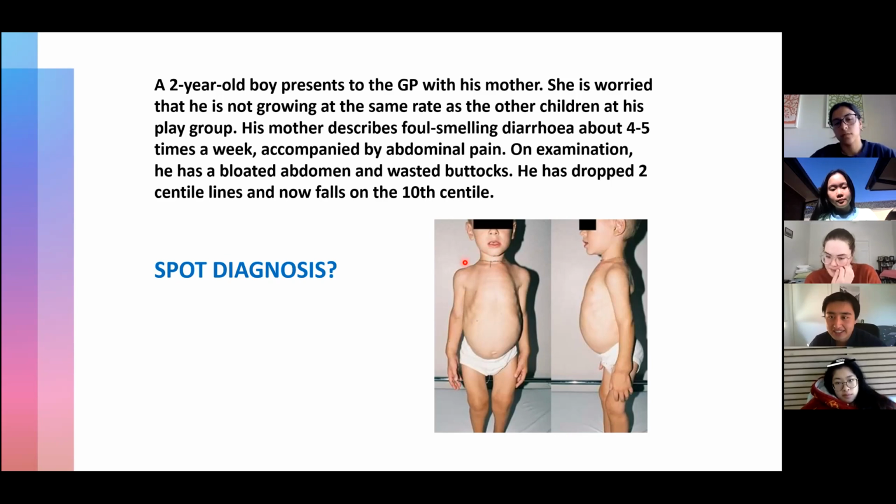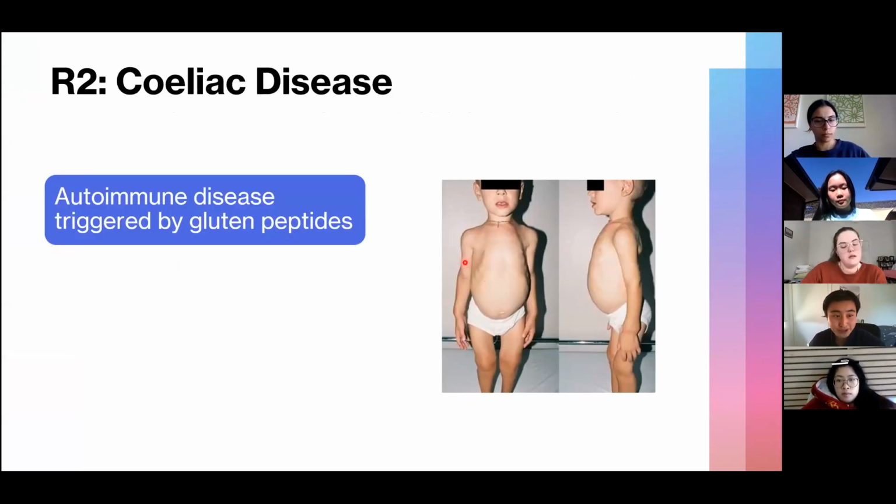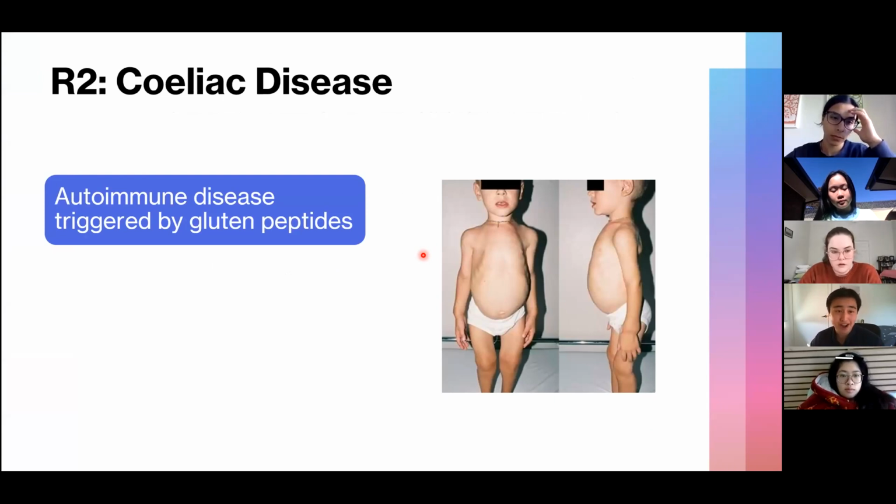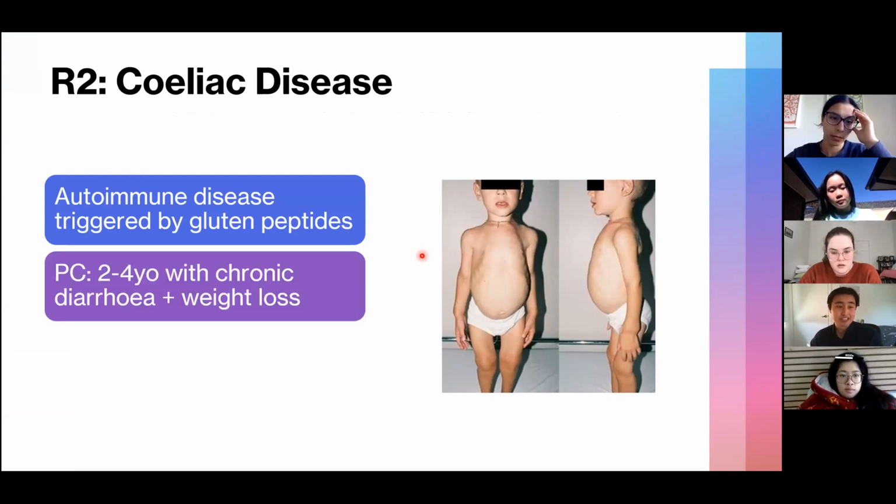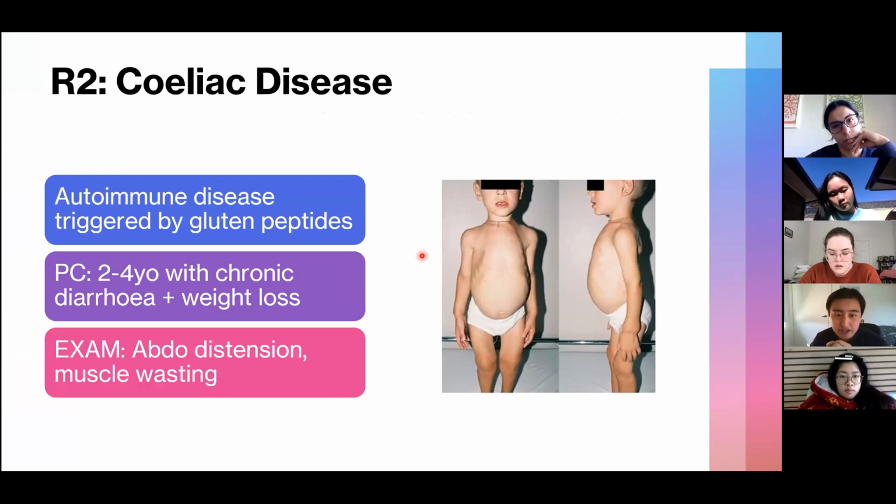And celiac disease is an autoimmune disease triggered by gluten peptides. So your gluten are your wheat, your rye, your barley. And typically it presents in Monash land, at least, with a 2 to 4 year old child with chronic diarrhea and weight loss. And on examination, you also notice abdominal distension and also muscle wasting around the buttocks.